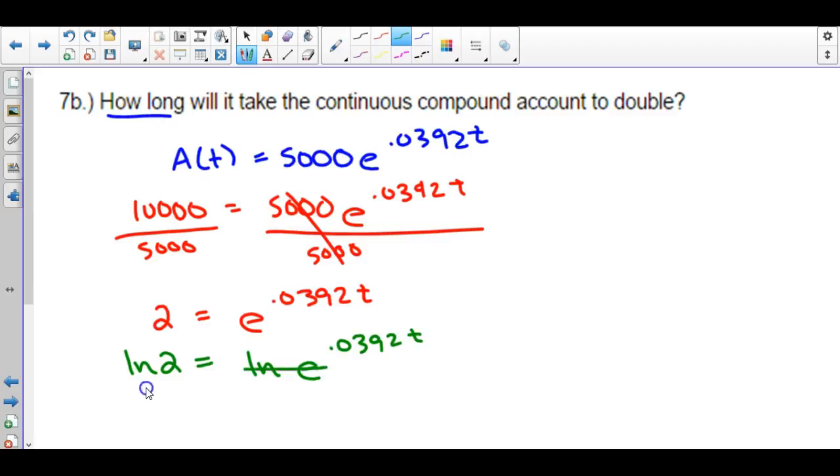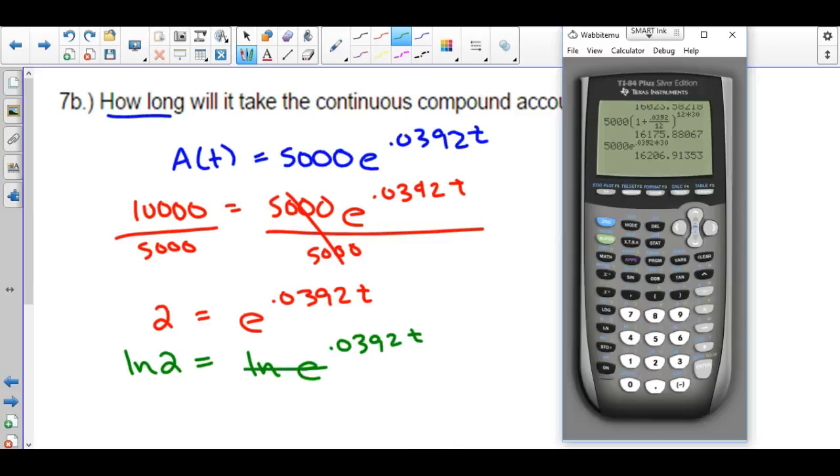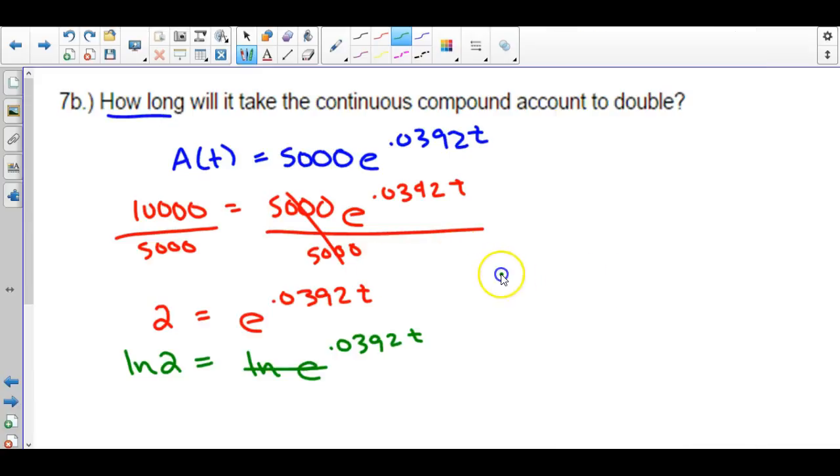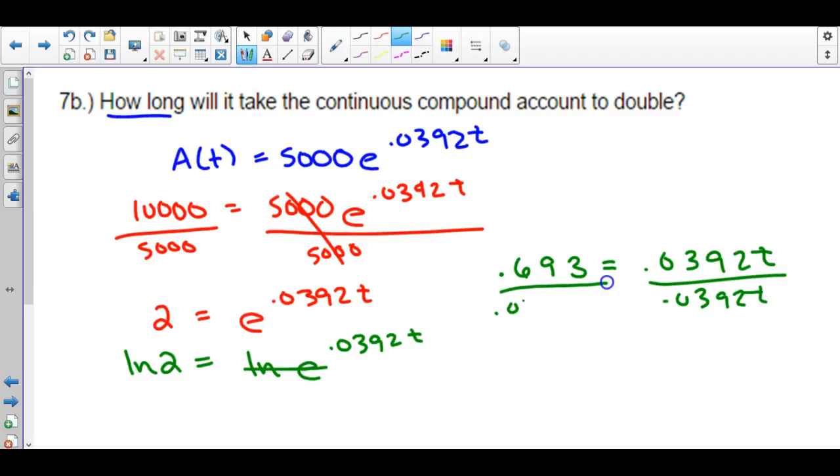And that's going to cross that off. So I'm going to go to the calculator and type in the natural log of 2 and get 0.693. And I'm going to set that equal to 0.0392 t. And then I can divide both sides by 0.0392, and that's going to end up giving me the time that it takes, measured in years.